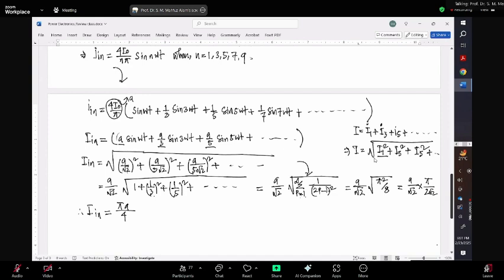Yes. Now if I put the value of A, we can write pi over 4 multiplied by 4 I naught over pi. So this pi and pi will cancel out, four and four will cancel out. So it would be I naught.